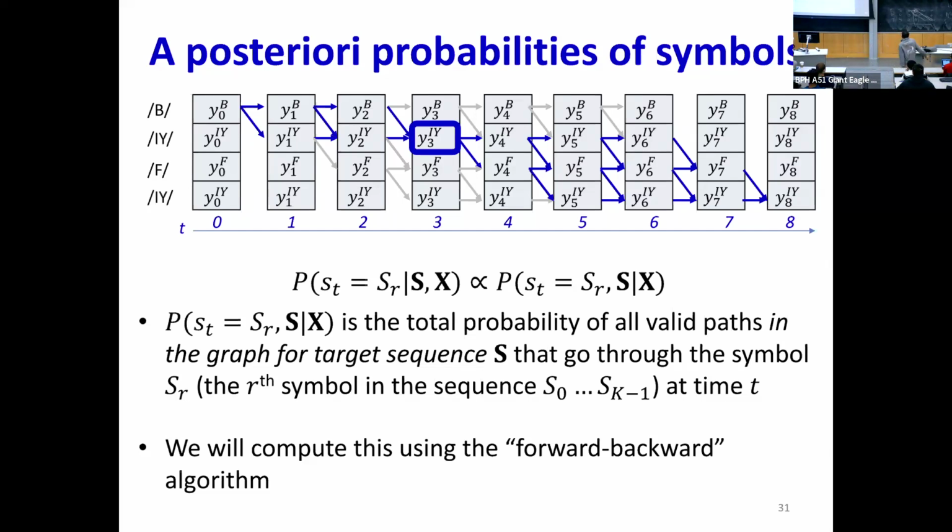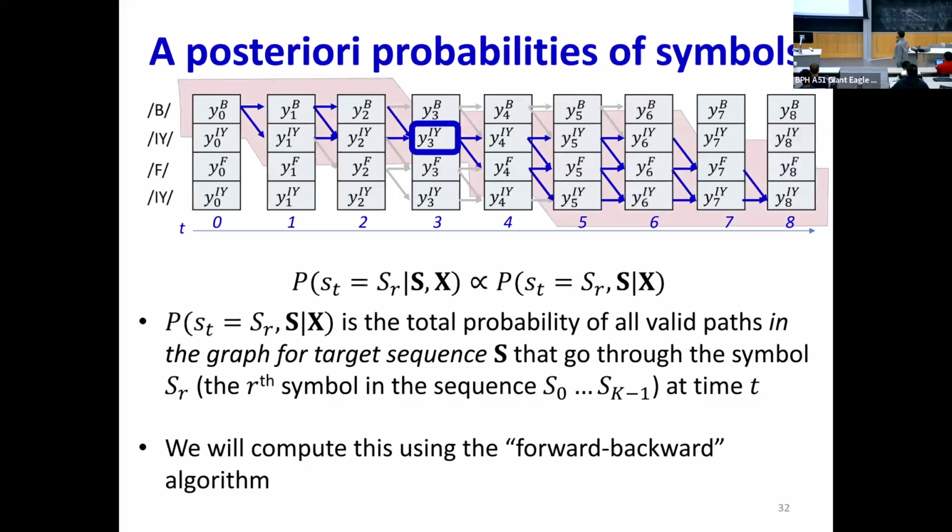So this blue highlighted portion of the graph over here, that represents all paths that go through this node, right? So the total probability of that graph is the total probability of all alignments that align E to the input 3. Okay. Was it clear? Okay. So this is what I really need to compute. There's no other path that aligns E to 3.